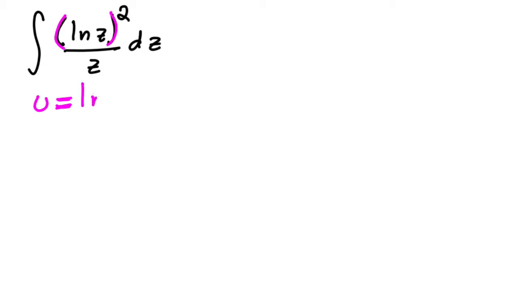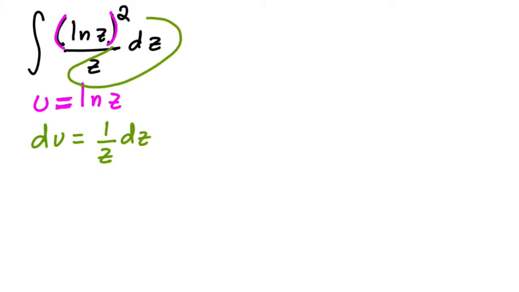So let's say we just try that. Notice that the derivative of natural log of z is just 1 over z dz, but whoa, look at that. That's right there, exactly how it is without making any changes. That's equal to du, so it actually isn't very difficult, right?